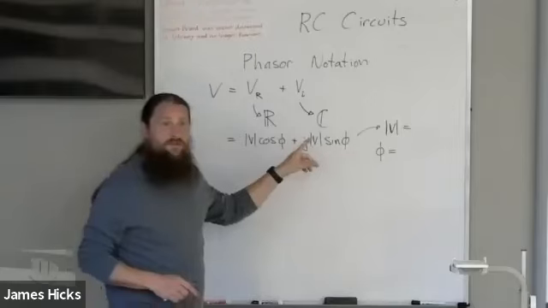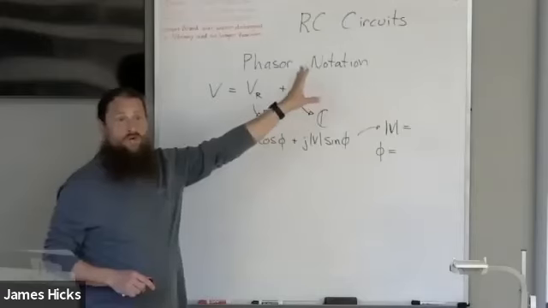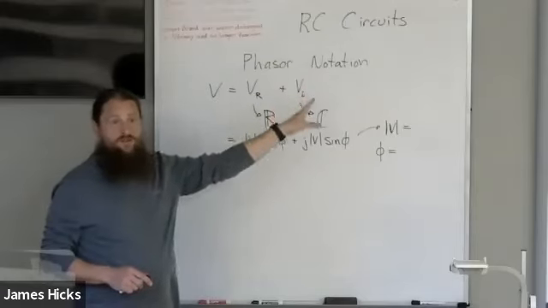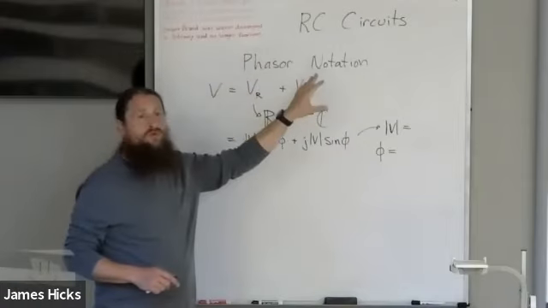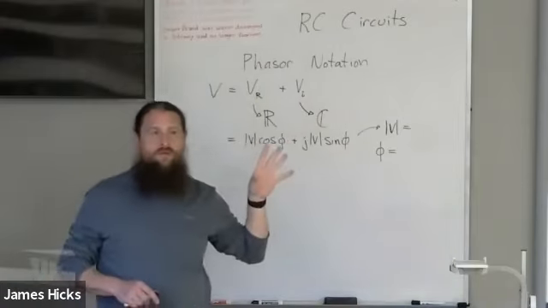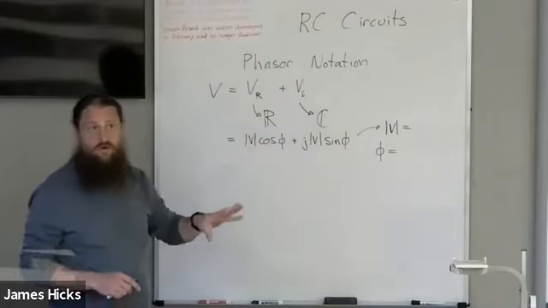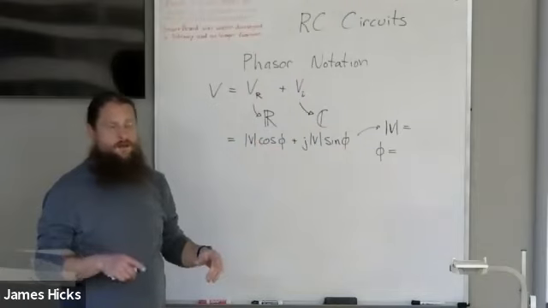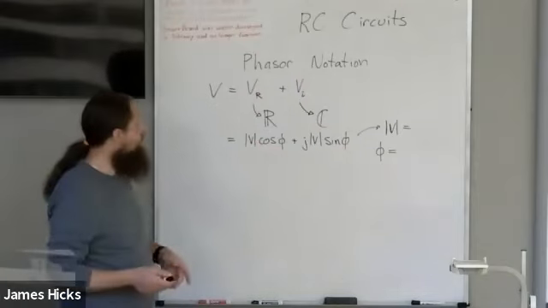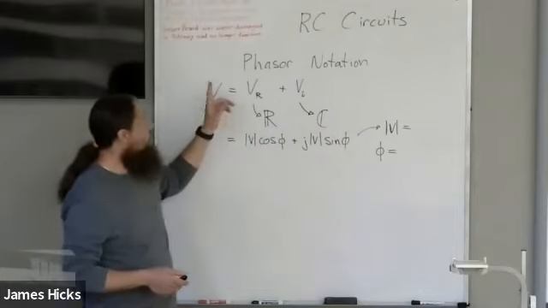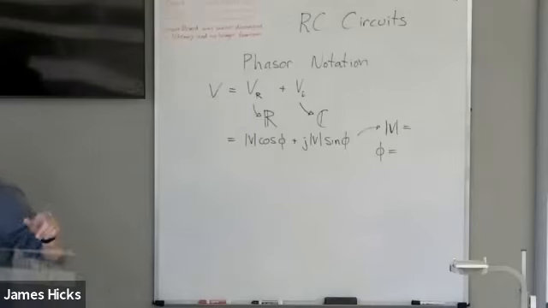Before we get into RC circuits, this is going to be very similar to what we did for the resistor and inductor circuits. I want to go through the RC part with a slightly different notation than we did before, because it'll make some shortcuts in the math, I guess. And basically, that's using the phasor notation.